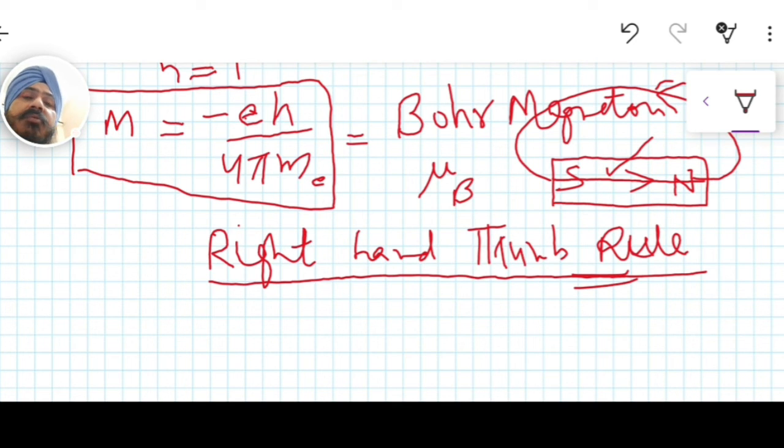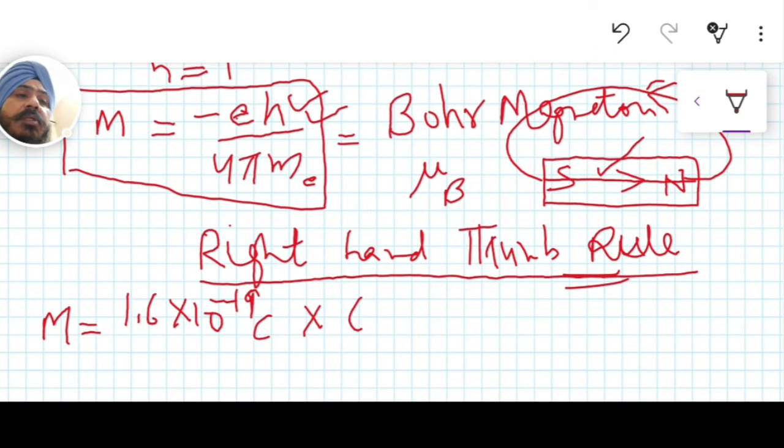Now let us calculate the value of the Bohr magneton. As we are aware, the charge of the electron is, if we leave the negative sign just for calculation purposes, because the negative sign just tells the direction of the magnetic dipole moment, 1.6 into 10 raised to the power minus 19 coulomb.